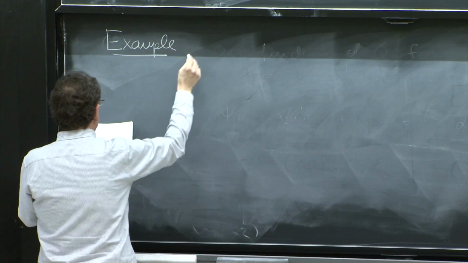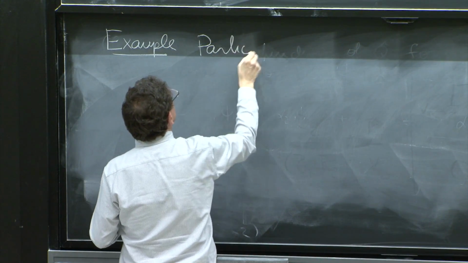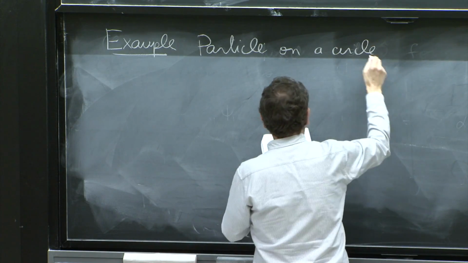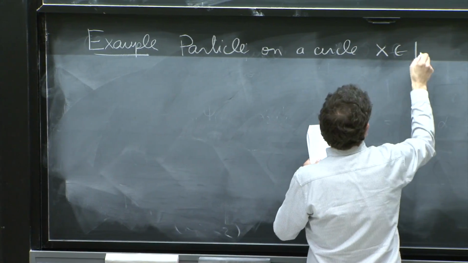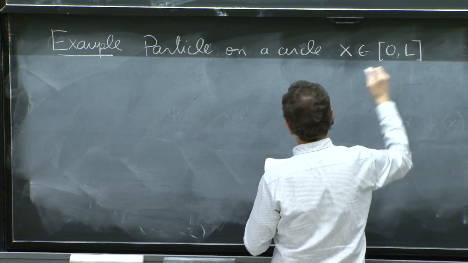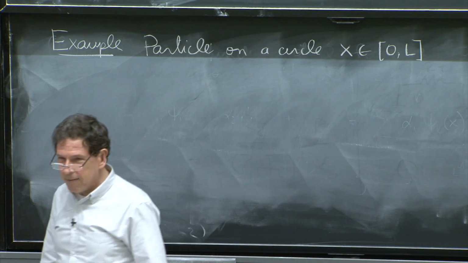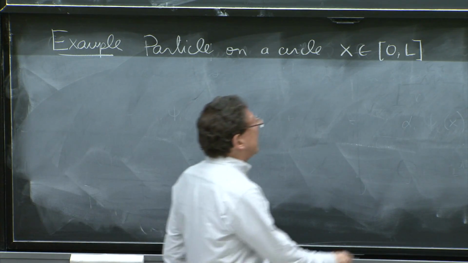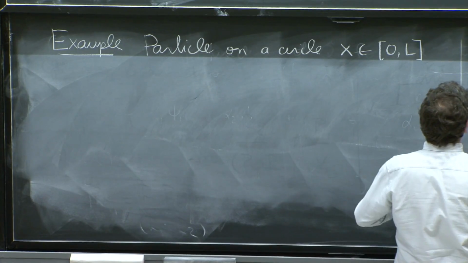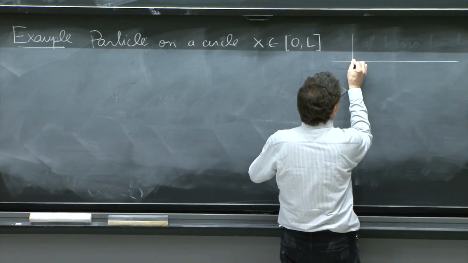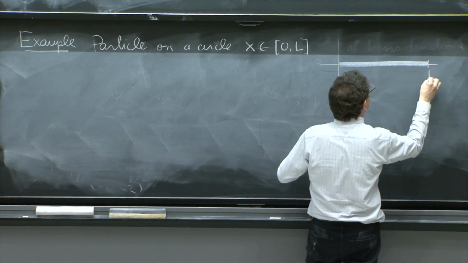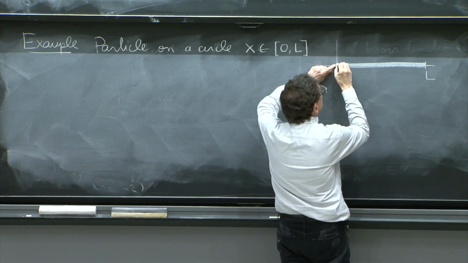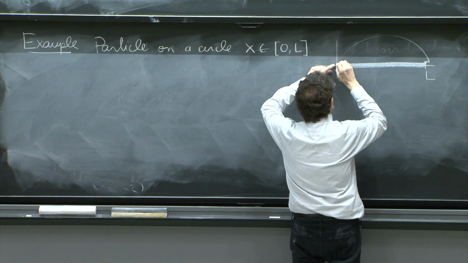Example: particle on a circle, x from 0 to L. Now, maybe you haven't seen a circle described like that, but you take the x-axis and you say, yes, the circle is 0 to L. The way I think of it is that this point is identified with this point.